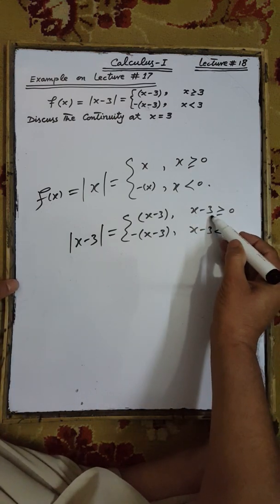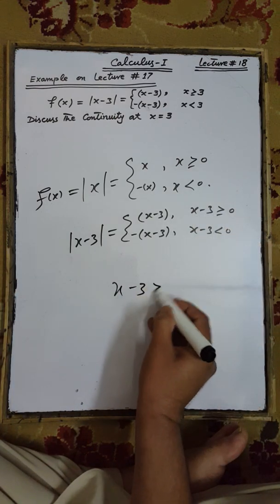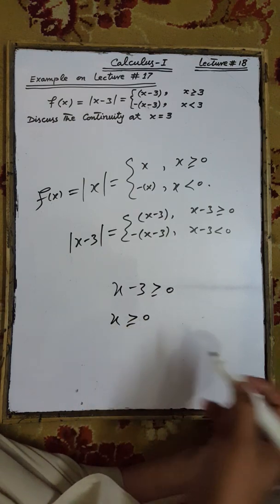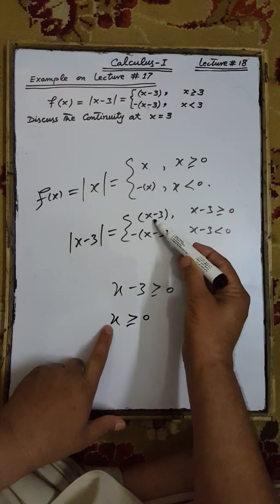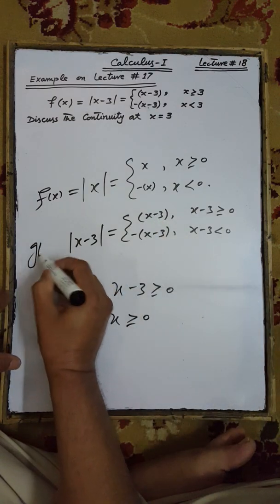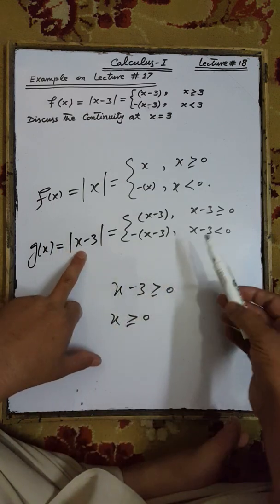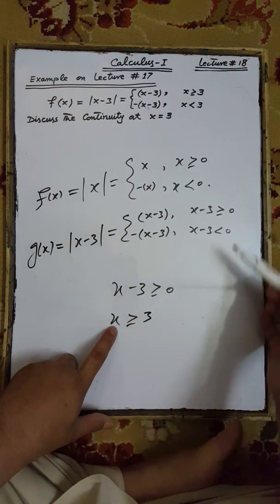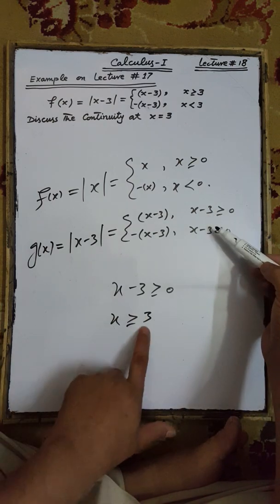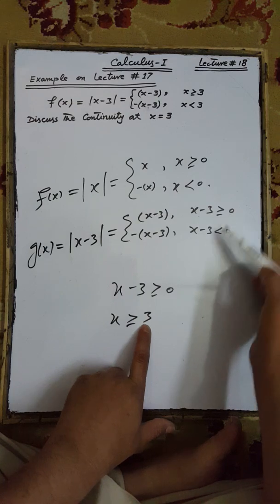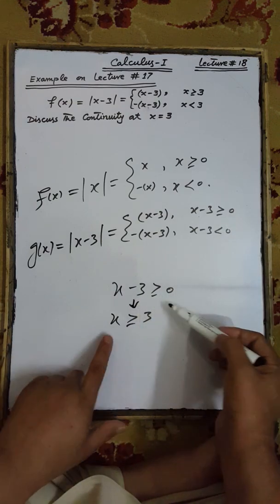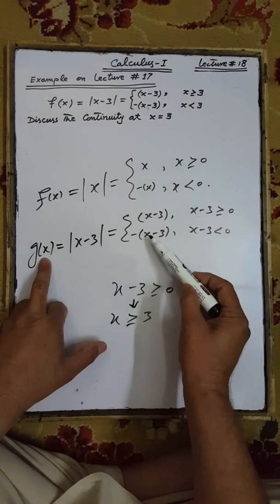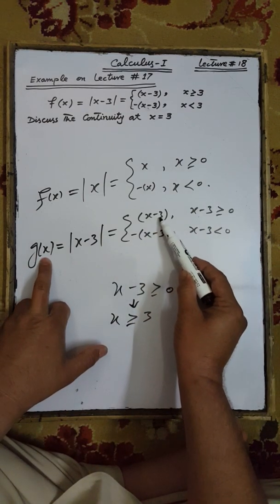Now, when x minus 3 is greater than or equal to 0, adding 3 to both sides, x is greater than or equal to 3. Therefore, for the function g of x is equal to |x minus 3|, when the value of x is greater than or equal to 3, g of x is calculated as x minus 3.